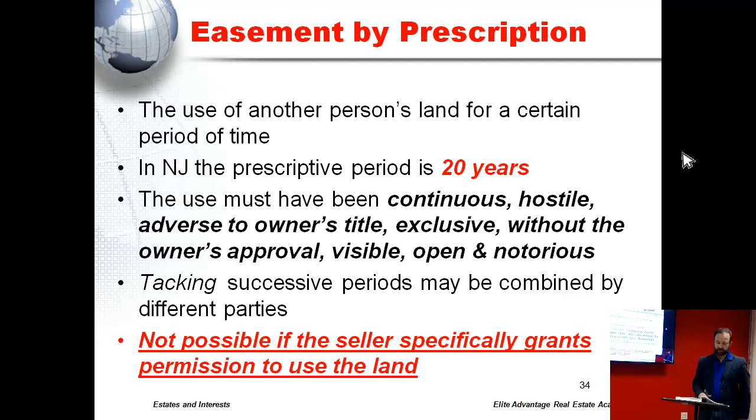As long as it was against the owner's will or without them knowing, you could apply to the courts for easement by prescription and actually acquire that property. Take it away from the person who owns it. It happens.